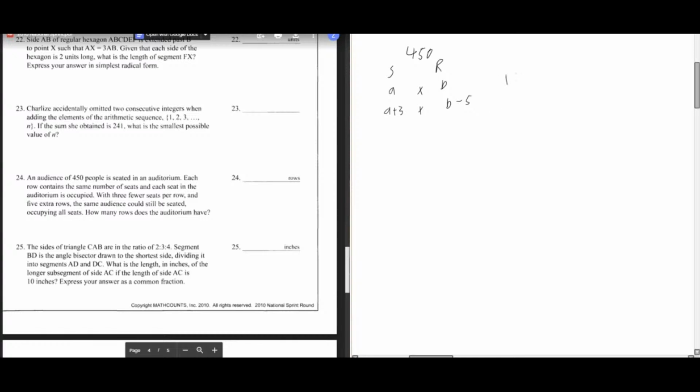If you think about it that way, after just a couple of trials and errors, you get 18 times 25 is 450, and then 15 and 20. You can also just list out pairs of factors of 450 and then see which two pairs scale from each other.